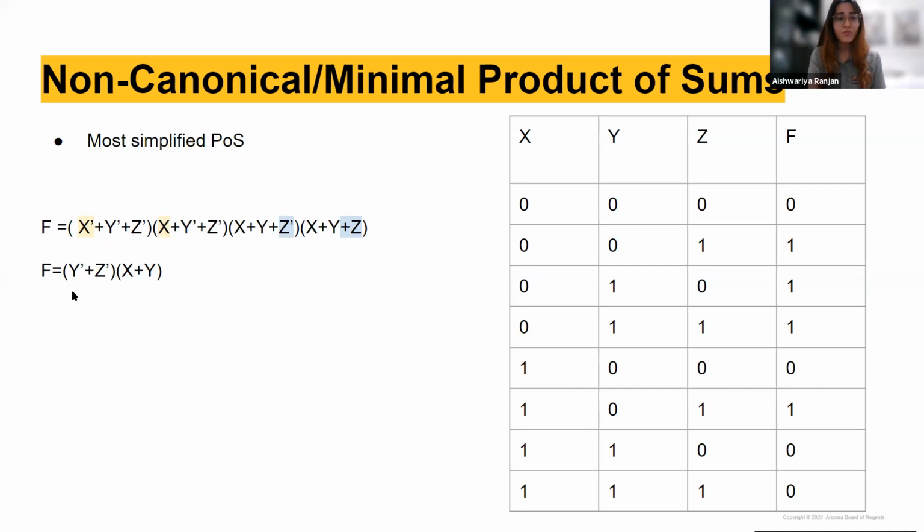So if you factor them out, you would be left with x bar and x, which would again cancel out to give you y bar and z bar. Similarly, over here in these blue terms, z bar and z would get canceled out. So you would be left with this, and this cannot be simplified further. So this would be your minimal product of sums, which is also a non-canonical product of sums.